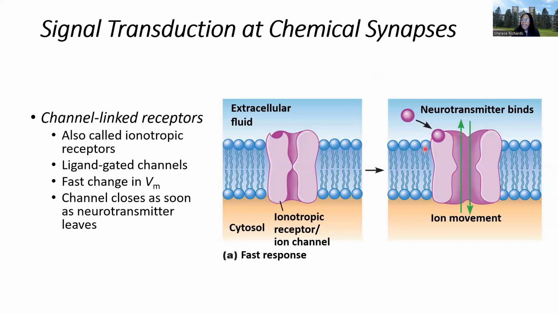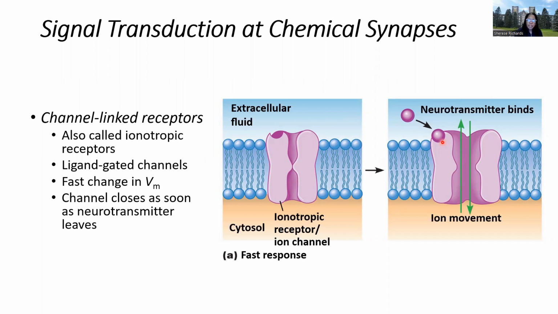So when that ligand, i.e. neurotransmitter, binds here, automatically we open up that channel, ions can move. And in terms of the ionic movement, sodium is going to move more so into the cell, again, according to its electrochemical driving force, and that is going to result in the graded potential on the soma of the postsynaptic neuron.